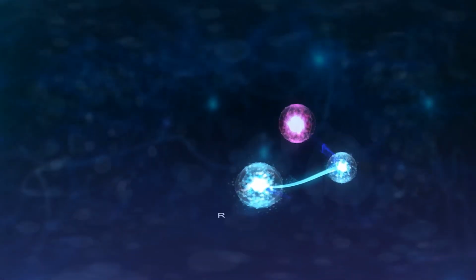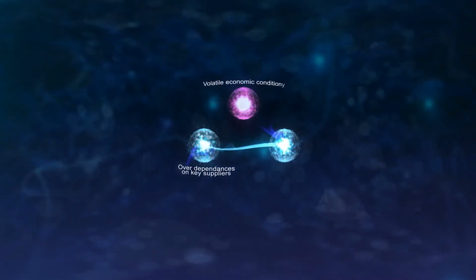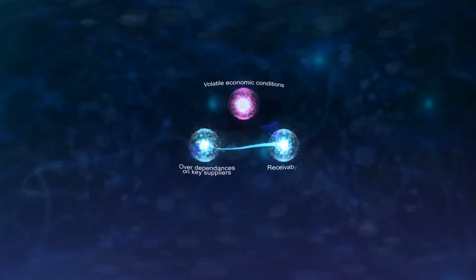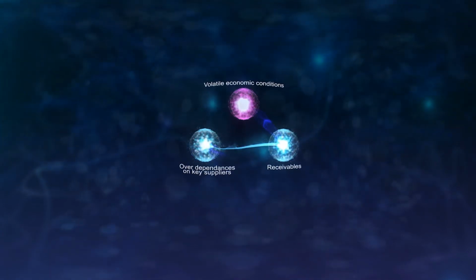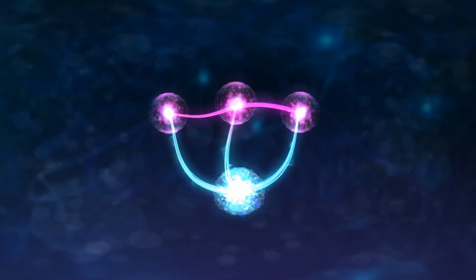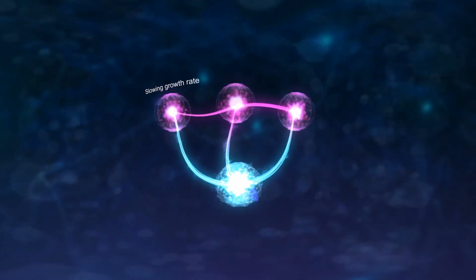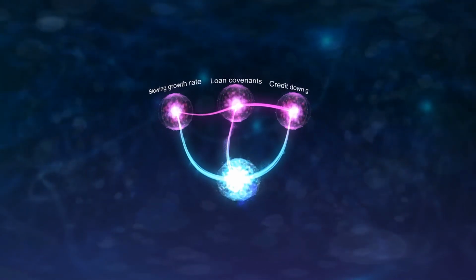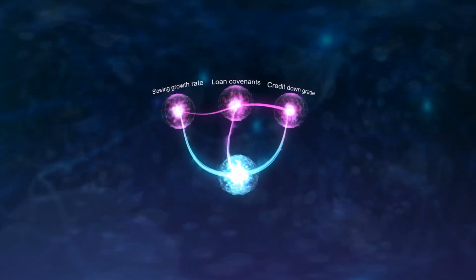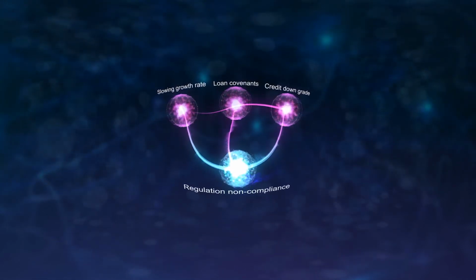Thirdly, looking at the risk of over-dependencies on key suppliers. In volatile economic conditions, this could easily lead to a disruption of the supply chain, with adverse downstream business consequences. Finally, assessing the risk posed by a combination of slowing growth rates, breached loan covenants, and downgraded credit. If these all happened concurrently, there would be a danger of non-compliance with regulations.